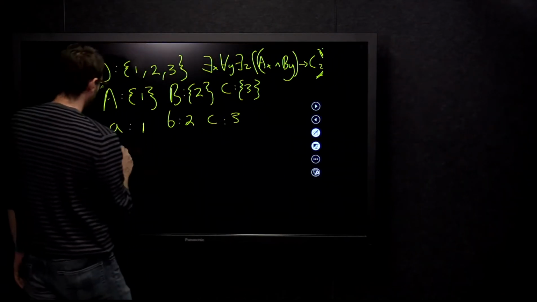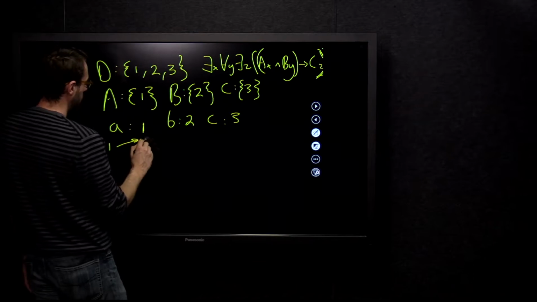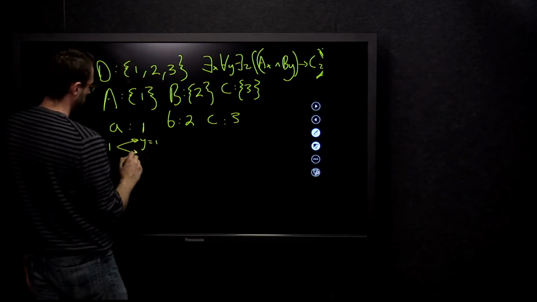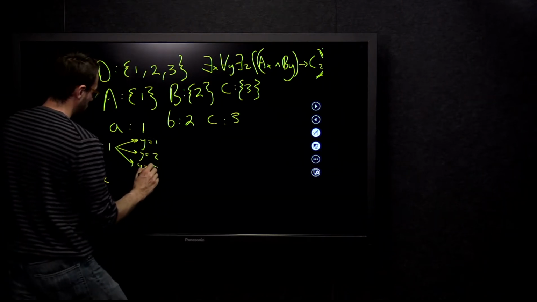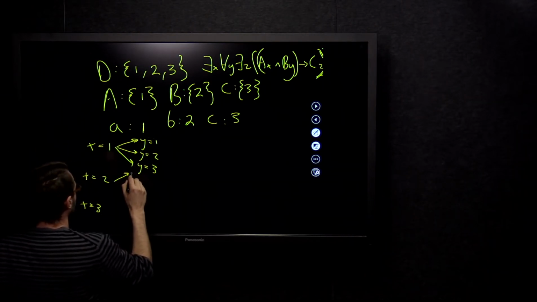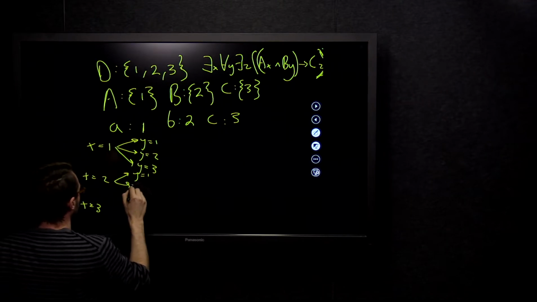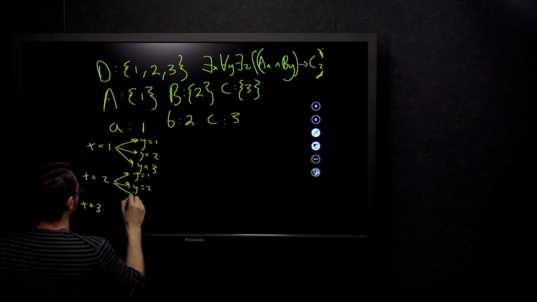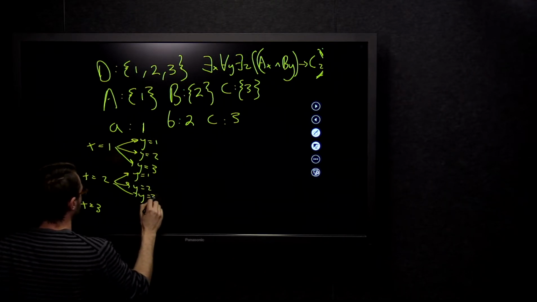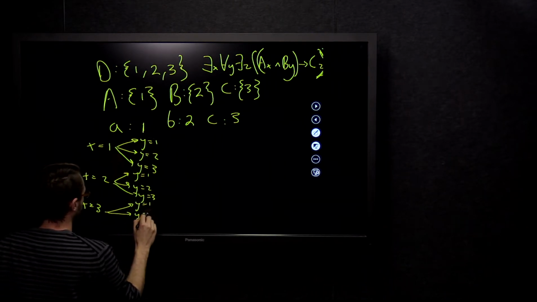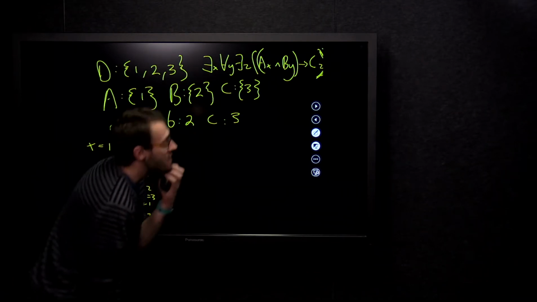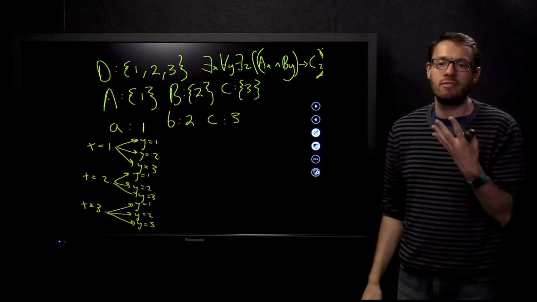And for each of those, I'm going to have 3 values for y. And then for each of those values of y, I'm going to have 3 values for z.